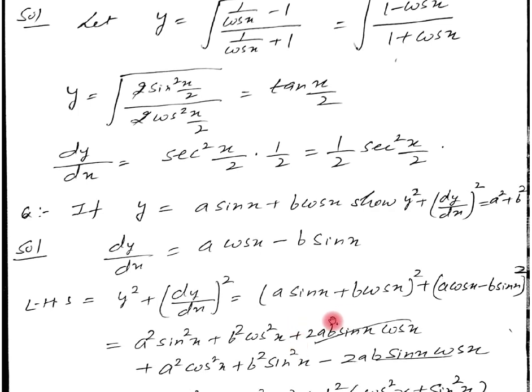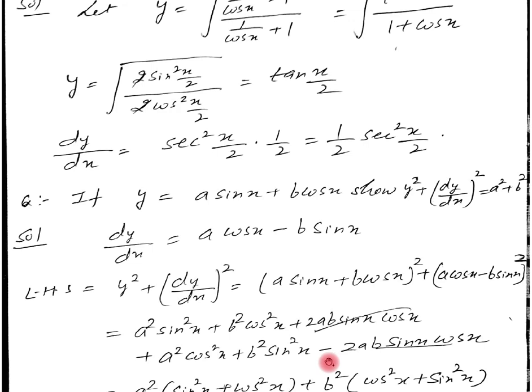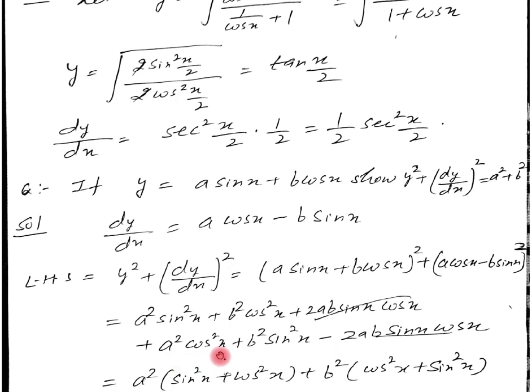Then simplifying it here using a plus b whole square and a minus b whole square, it is a square sin square x plus b square cos square x plus 2ab sin x into cos x. Similarly, we can open the bracket here. It becomes a square cos square x plus b square sin square x minus twice ab sin x into cos x. Now these two terms are the same but with opposite sign, so they will cancel each other.